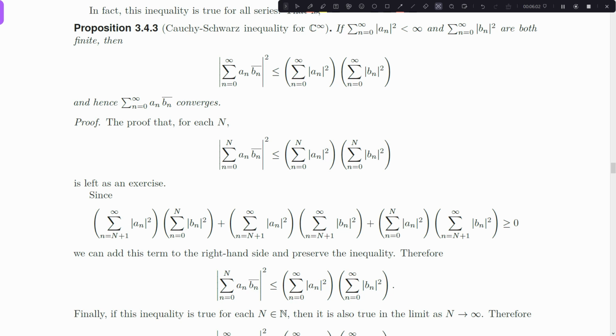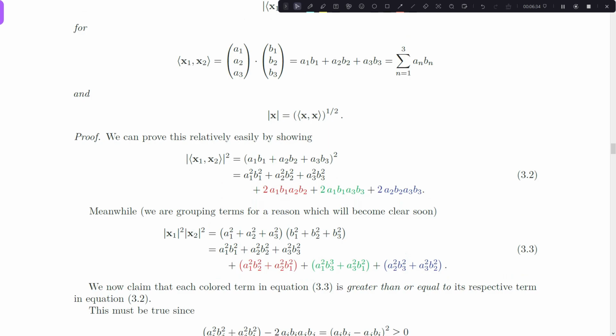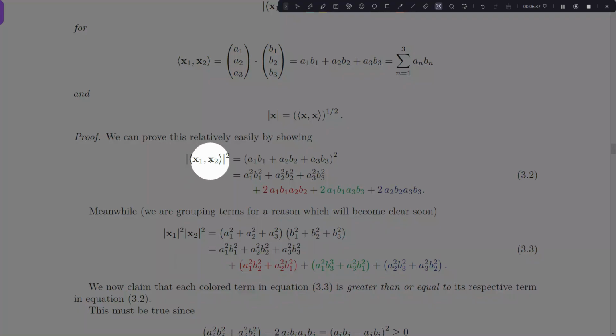Now a lot of you might be saying, why does this look like a dot product or an inner product? And why do these look like magnitudes? Well, if we think about it for just a few moments and jump back up to where we were before, if I look at the inner product of two vectors, that can be represented as a sum of A's and B's.